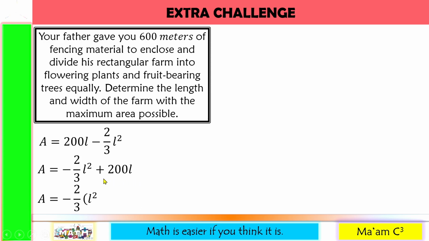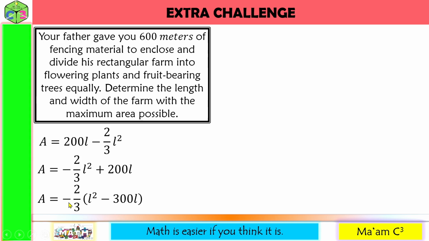Simply divide 200 by 2/3. And that is the same as 200 times 3, the denominator, and that is 600, divided by 2. 600 divided by 2 is 300. So I have 300L. Why is it negative? Because we factor out the negative here.